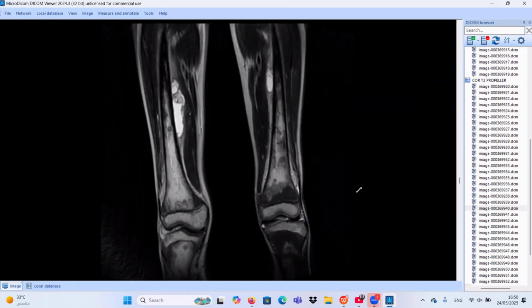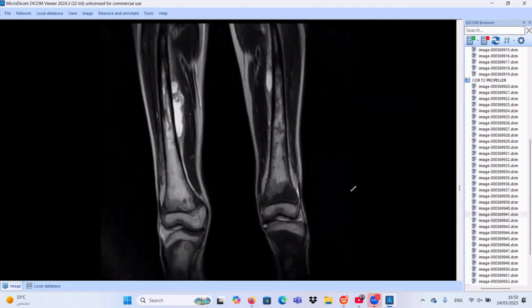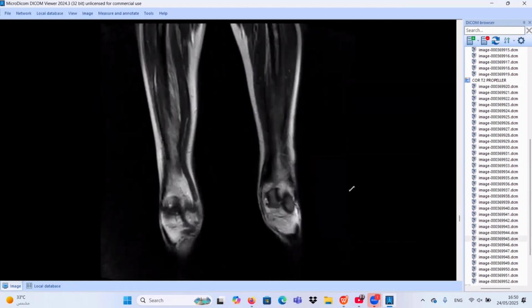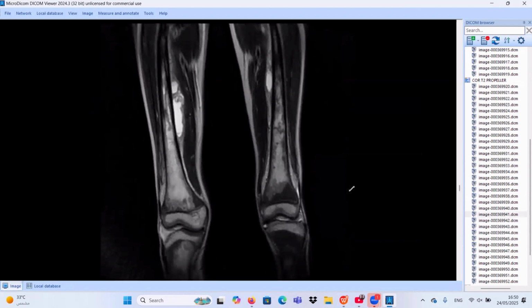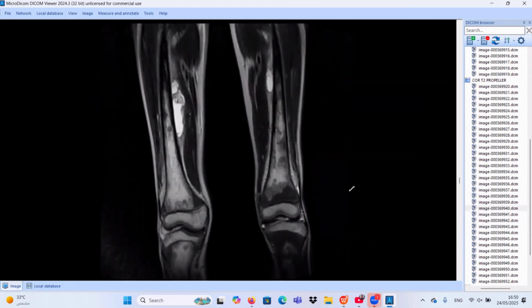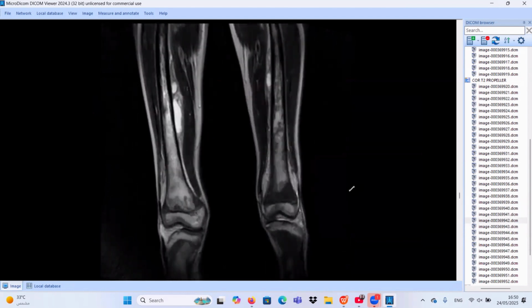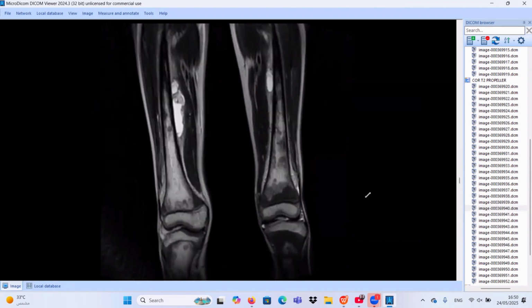Okay, sir. I have here MRI sequence images for both thighs and knees. I think this is a T2 sequence. The hallmark of the findings is of course that this is an immature skeleton.